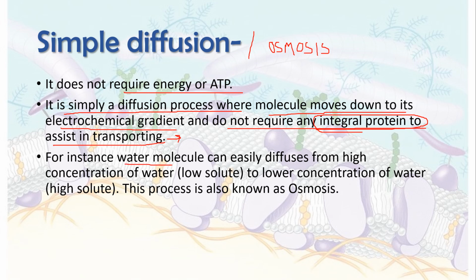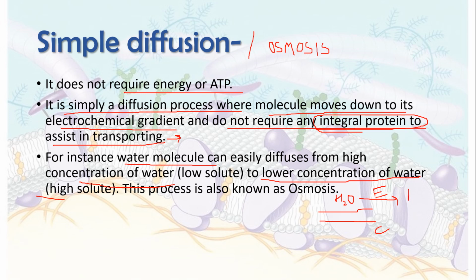For instance, a water molecule can easily diffuse from a high concentration of water to a lower concentration of water. Suppose this is our cell membrane, this is the extracellular space, and this is the cytosolic space. The water molecule at the extracellular space is at higher concentration there.